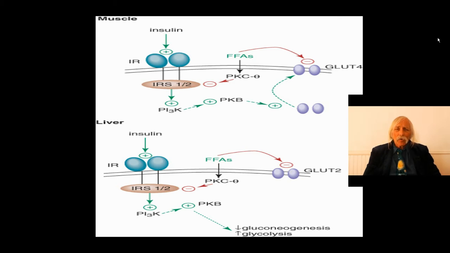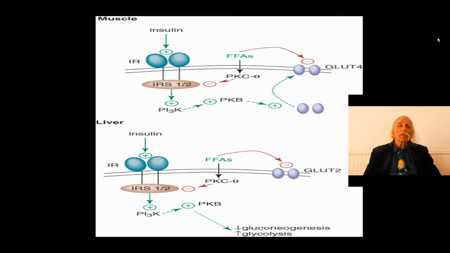I told you IRS2 is kind of not sure what it really does, but let's just say the IRS signaling system will induce phosphatidylinositol 3-kinase, which will phosphorylate protein kinase B. Protein kinase B then triggers the mobilization of GLUT4, the glucose transporter, from endosomal compartments to the plasma membrane in the muscle. Hence, that's insulin-dependent glucose uptake, you understand.